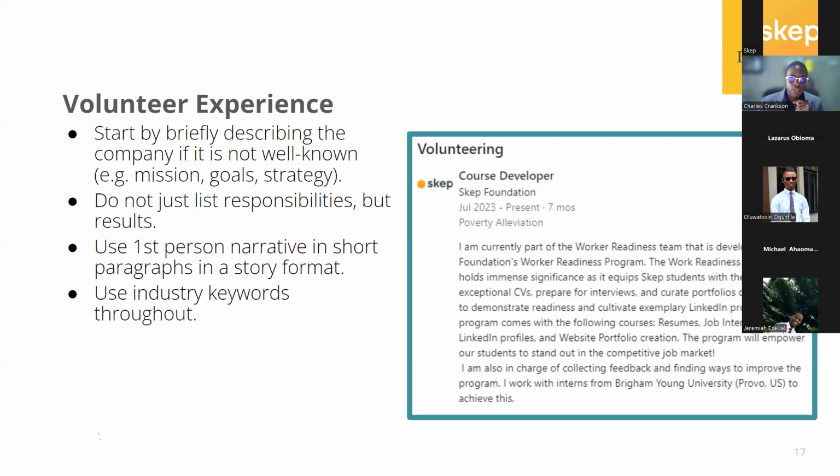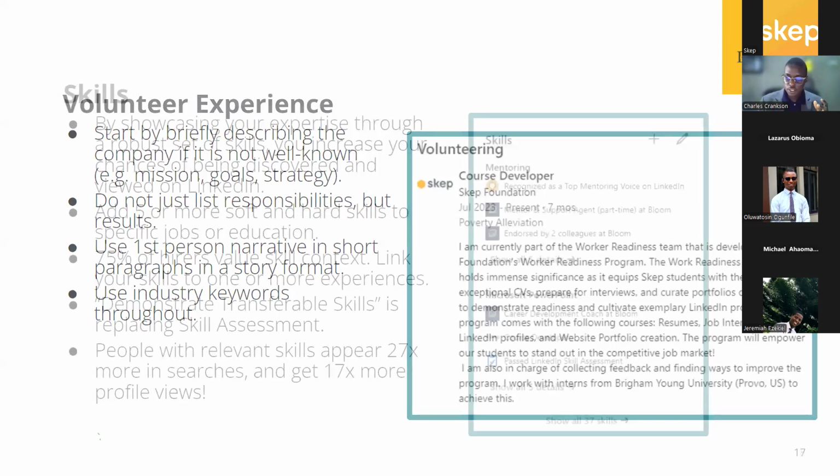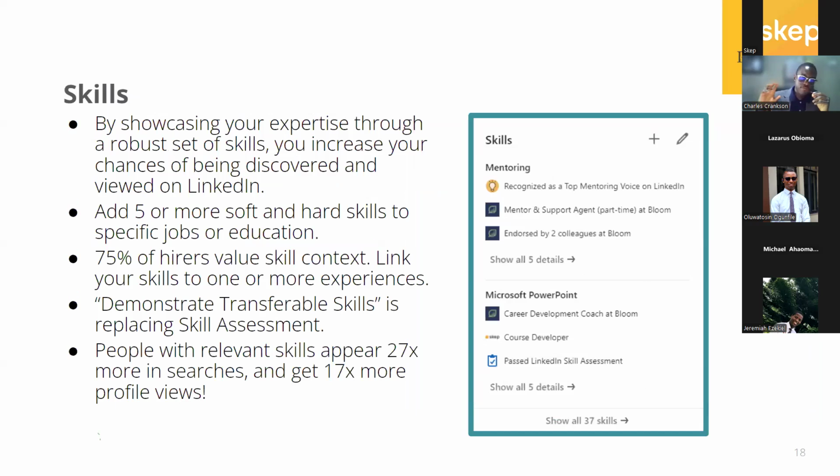Okay, you go to the skills. So, we have the skills section where you can add skills. Use a robust set of skills that align with your industry or your role.